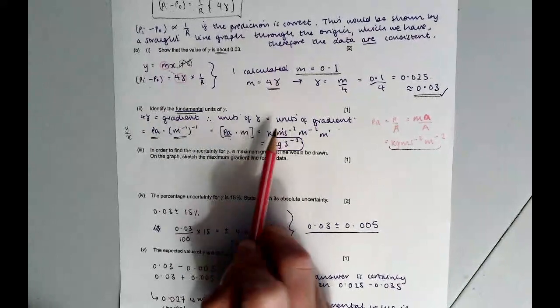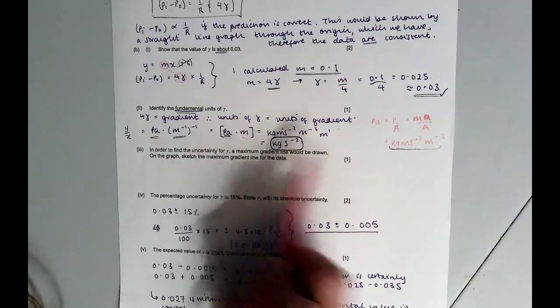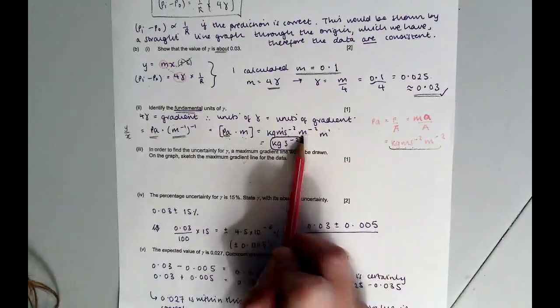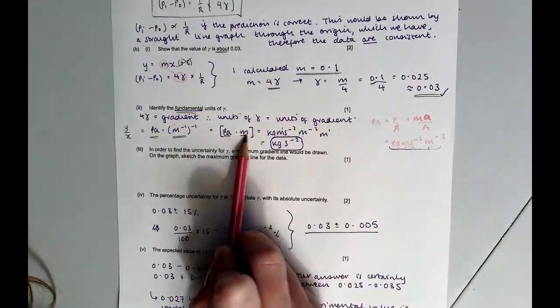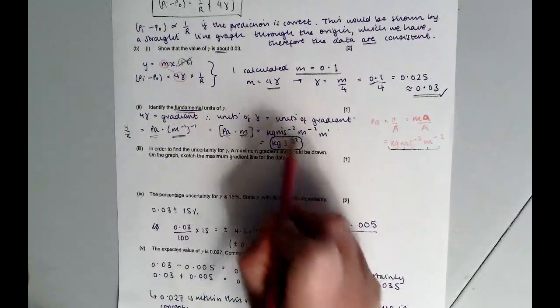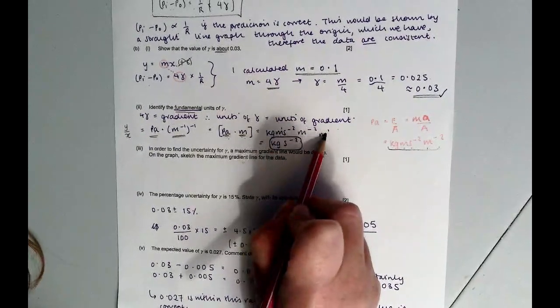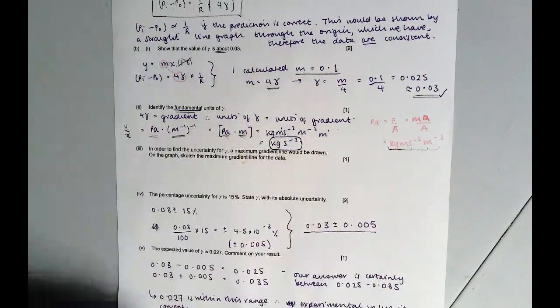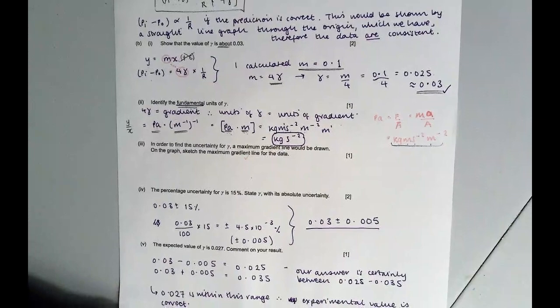So I've got the kilogram, I've got the meter from here, I've got the per second squared, I've got per meter squared, but I mustn't forget that I've also got an extra meter, and so therefore I've got 1, 2, minus 2, I've got 0 m's, so I'm left with kilograms per second squared.